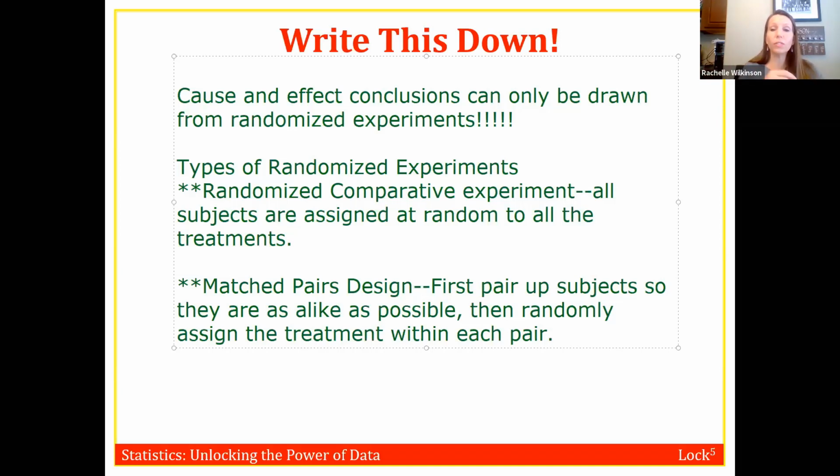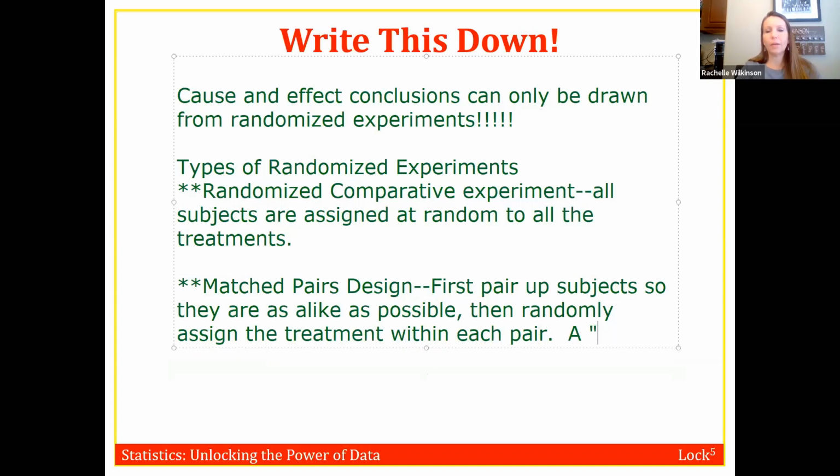We can also use a single person and give them both treatments, but in a random order, and that way a person can be the pair. So a single subject, let me just reword that.